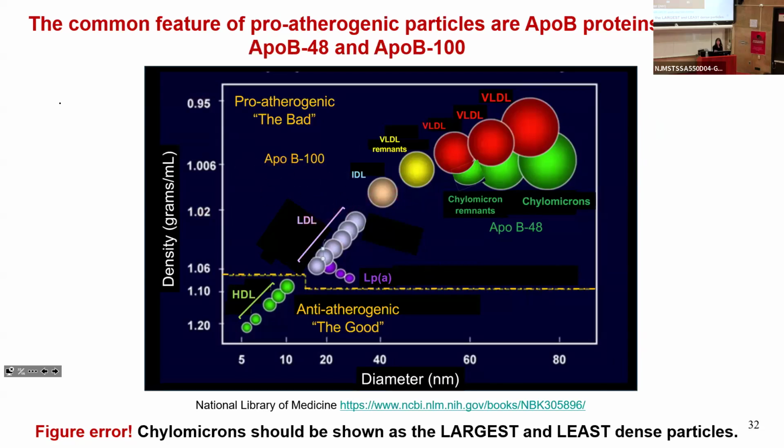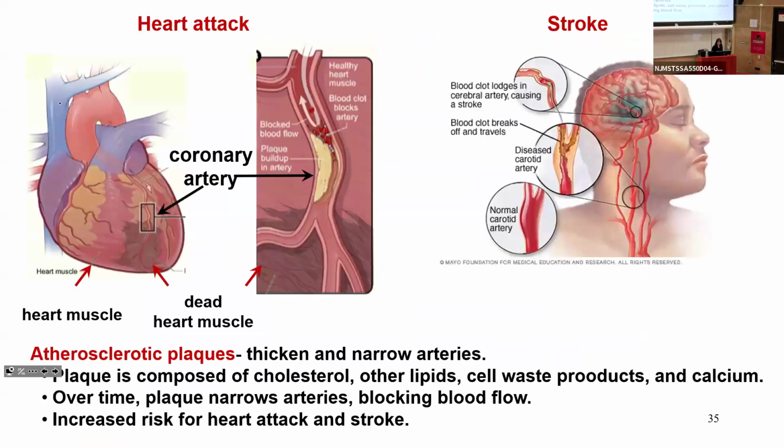So a lot of times if you or your parents or your friends go to a cardiologist nowadays, not only are they measuring your total cholesterol and your LDL cholesterol, they may also measure your ApoB 100, just to see how many ApoB 100 containing lipoprotein particles you may have. Also, more common these days is measuring your triglyceride level as well.